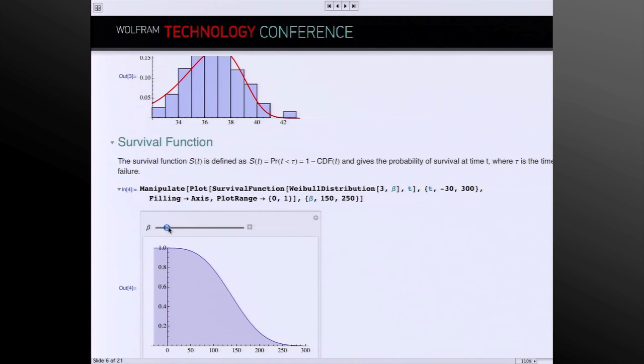And here I'm changing the scale factor, and as I increase the scale factor, the survival for the system goes up. Now, right now I'm just showing the Weibull distribution here, but this works for all continuous univariate distributions in Mathematica, and it works for all continuous univariate distributions with a positive domain, so something that fails starting from time 0 and onward.